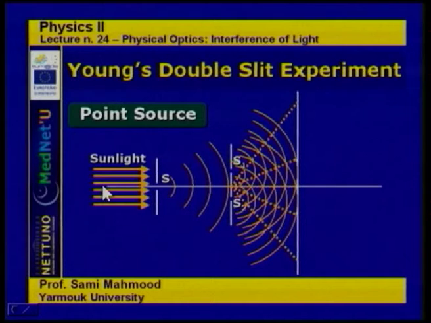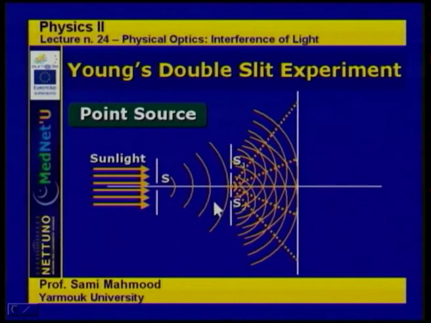First of all, he let the sunlight fall onto a very small slit. This very small slit picks a very small pencil of light which emerges from this slit as a single wave. It's almost like a single wave train radiated by a single atom. So after the slit S, we are dealing with a single wave.